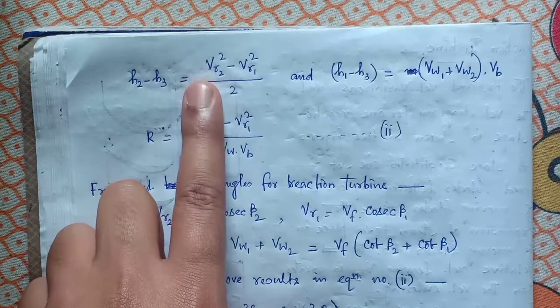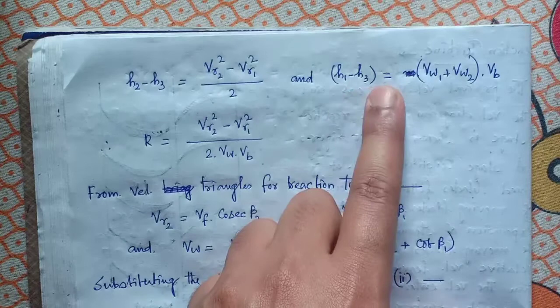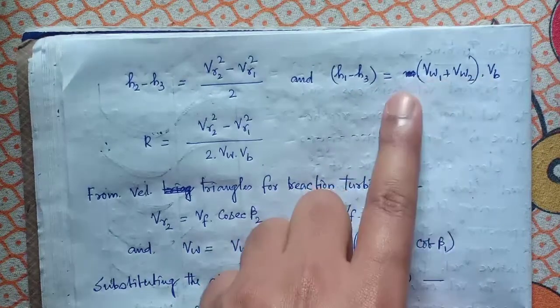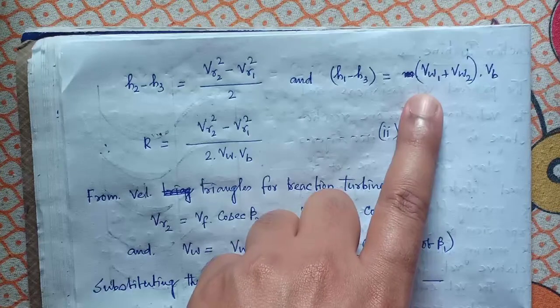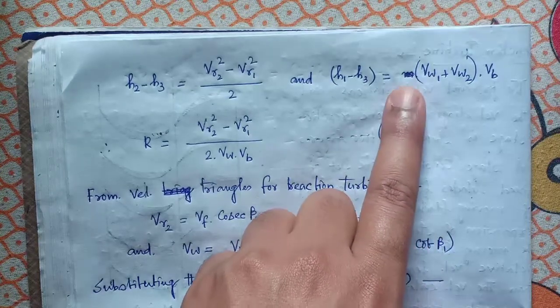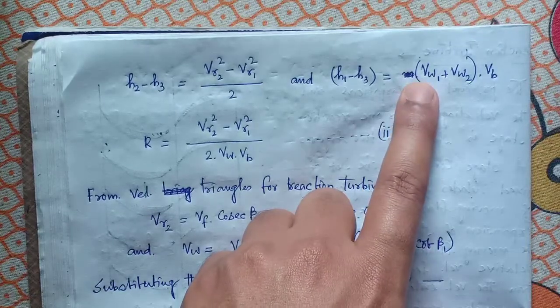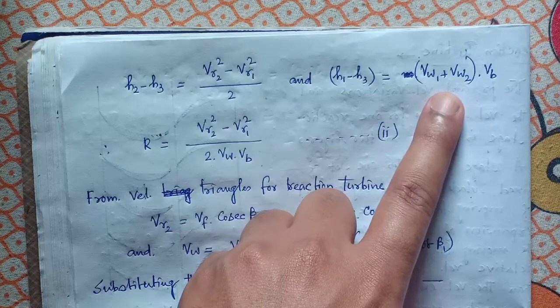And H1 minus H3 can be expressed this way: this is our work output, which would be m into (Vw1 plus Vw2) into Vb, as we did in the case of the impulse turbine.